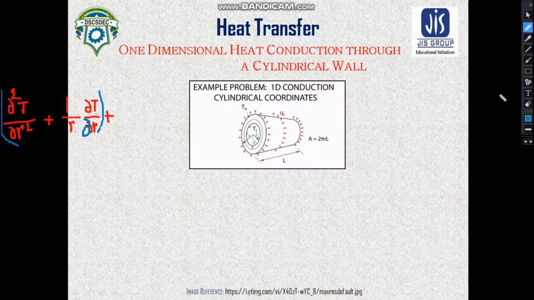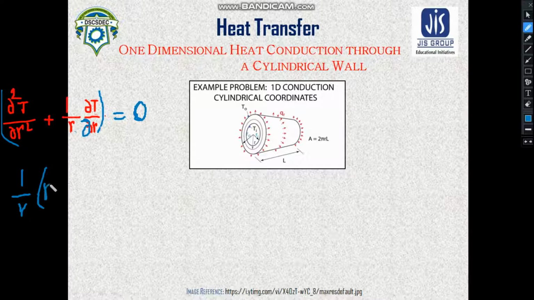So this one should be removed. Ultimately this equation becomes d2T/dr2 plus (1/r) dT/dr equals 0. Now what happens if we take 1/r as common?